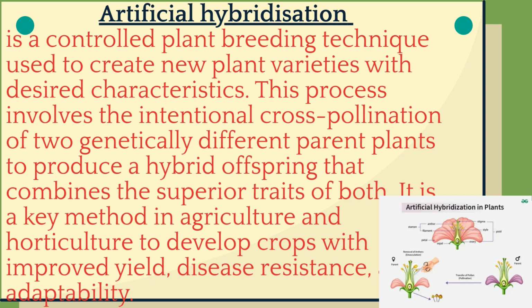This process involves the intentional cross pollination of two genetically different parent plants to produce a hybrid offspring that combines the superior traits of both. It is a key method in agriculture and horticulture to develop crops with improved yield, disease resistance, and adaptability.